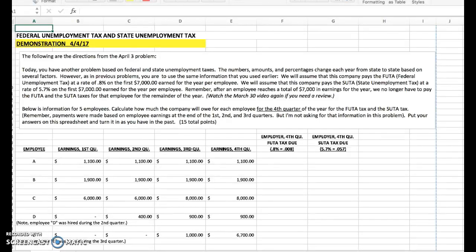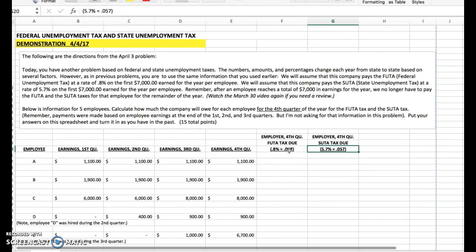Also, it's important that you understand these percentages we're using down here. If you look at this cell, for the federal unemployment tax, we're using 0.8%, which is a decimal equivalent of 0.008, and the state we're using is 5.7%. The decimal equivalent of that is 0.057. You should know that from your previous math classes, I hope.